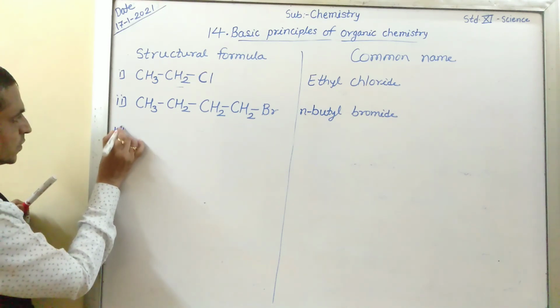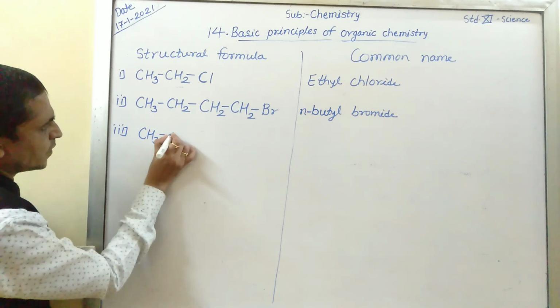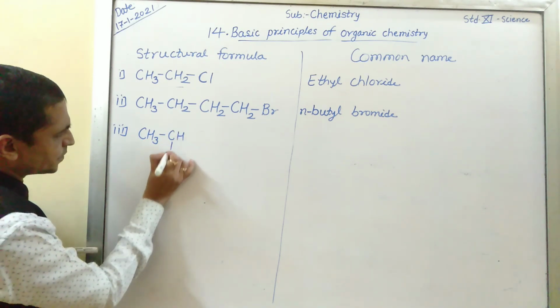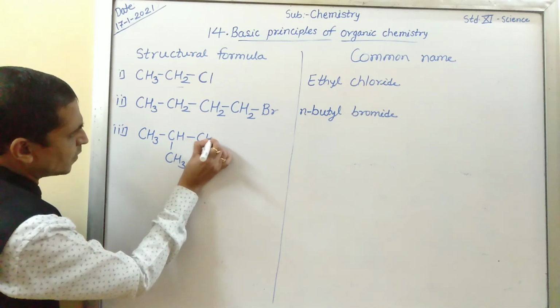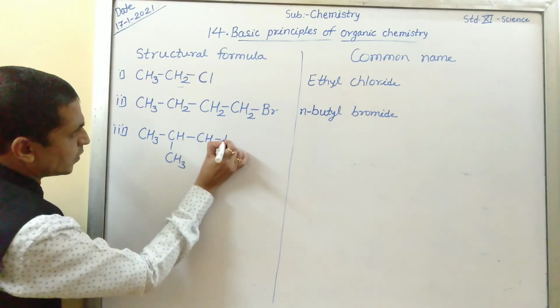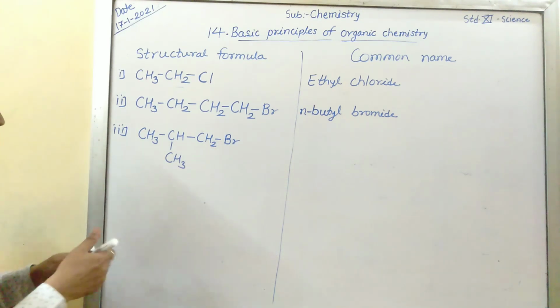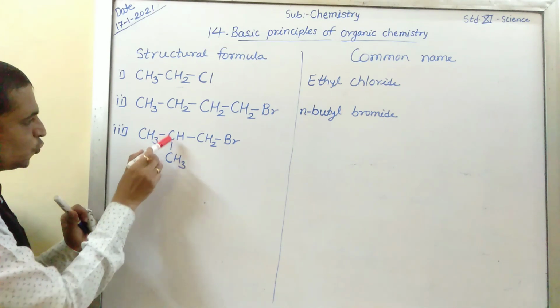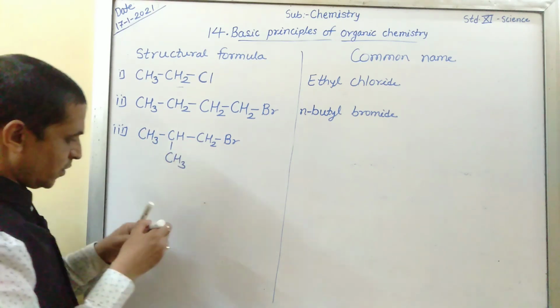Now see the next example. CH3 CH CH3 CH2 Br. For this, count the number of carbon atoms. 1, 2, 3, 4. So here you get what?